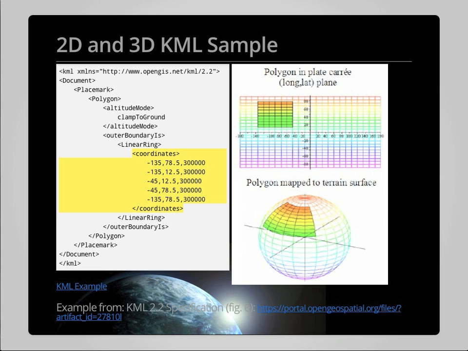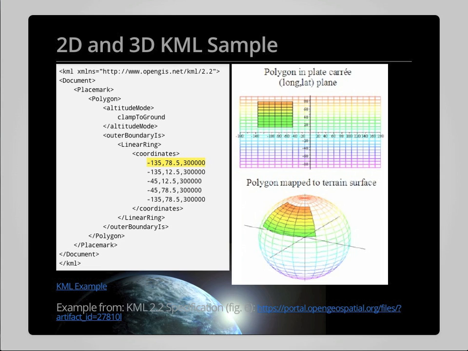You'll also notice that the format of these coordinates consists of comma-separated values, with the first 2 values, the longitude and latitude, required, and the third, the altitude, being optional.